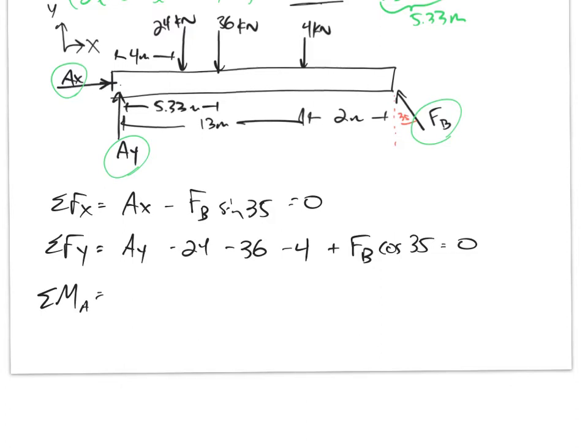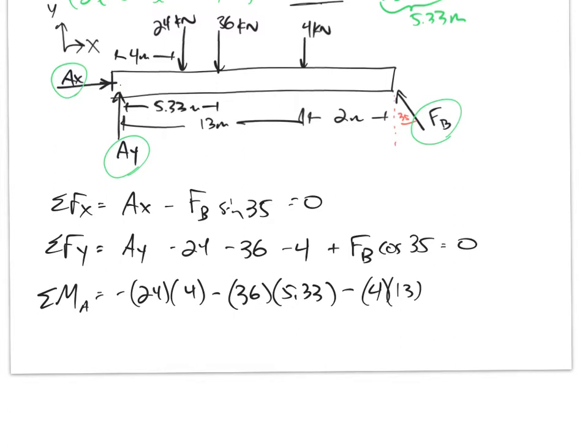But then I have 24 kilonewtons acting 4 meters away, creating a negative moment. 36 acting 5.33 meters away, creating a negative moment. And 4 acting 13 meters away, creating a negative moment.